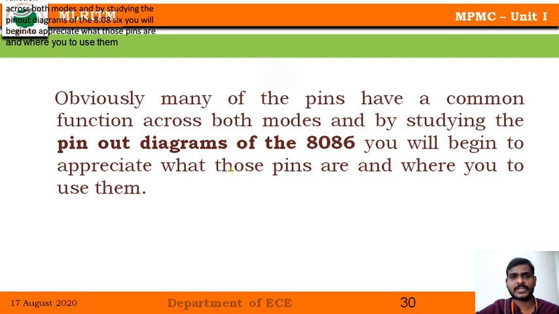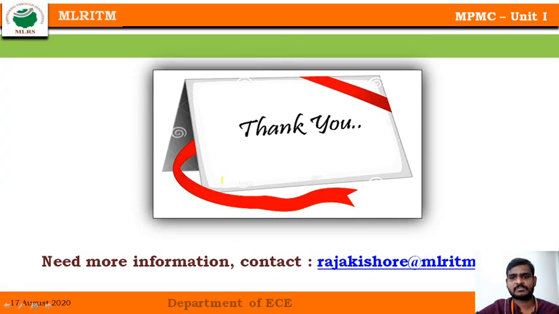In the pin configuration also, we are using two separate sets of pins, separate pins for minimum mode and maximum mode, and some of the pins are common to both. So until then, please read about the 8086 architecture and the modes of operation, and check where we can use these modes of operation.